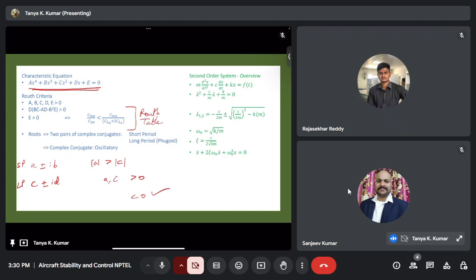It should be negative, right? So all the roots on the left half of the plane give you stability.